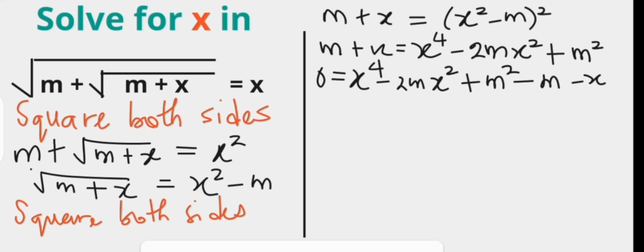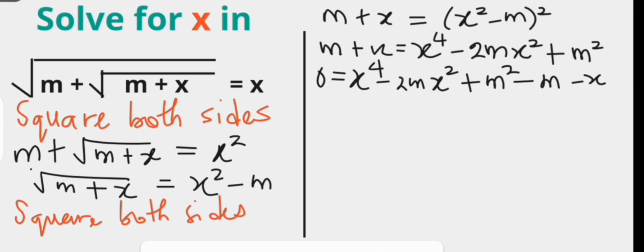Now we have two options. Looking at x as a variable, we will be having a quartic equation. But a manipulation that we will try to make use of here is to look at m as a variable so that the equation can be expressed as a quadratic equation.